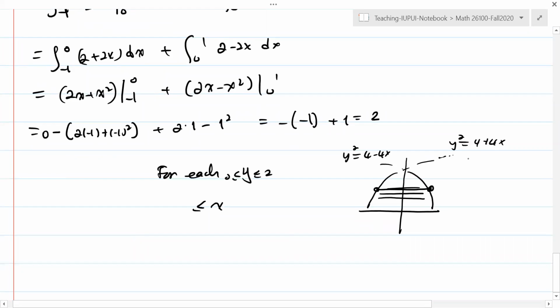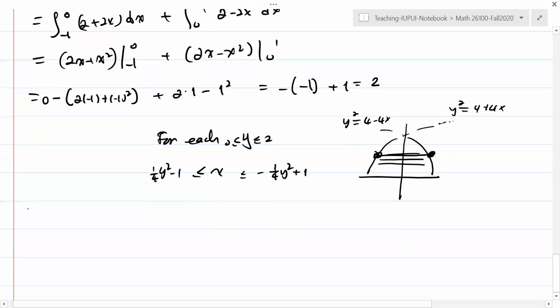The parabola opens to the right, so the lower bound will be a quarter of y squared minus 1, right? The other one, you solve for x, you get negative a quarter of y squared plus 1. Okay, so it's determined by those two, upper bound and lower bound.